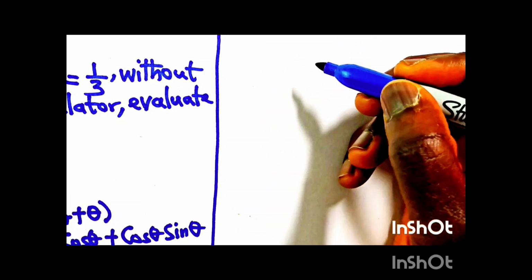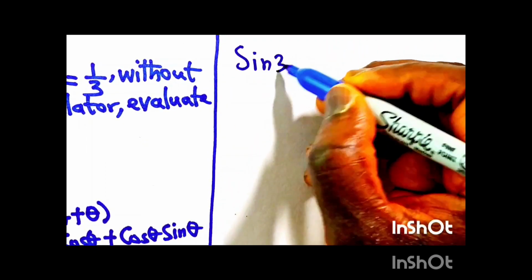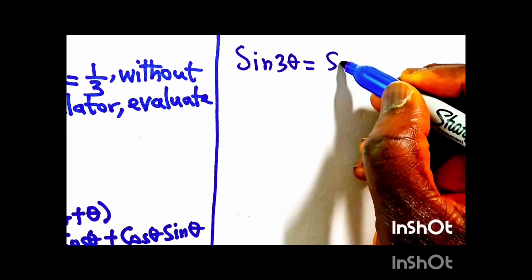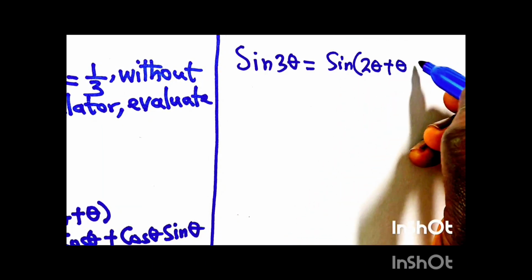Let me write that out: sine 3 theta is the same thing as sine of 2 theta plus theta.